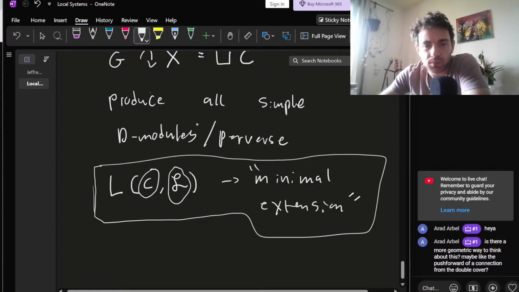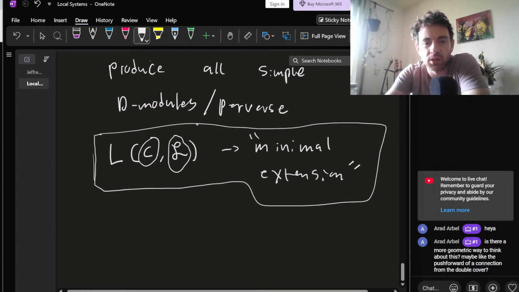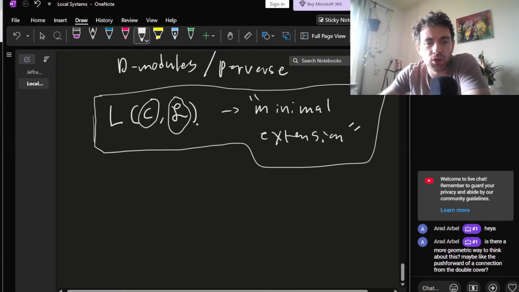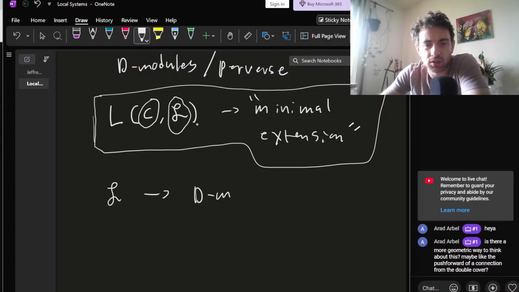But that minimal extension involves taking a local system and understanding it in terms of D modules, and then performing minimal extension. And so, this thing I'm talking about here, D modules can be understood in terms of connections.